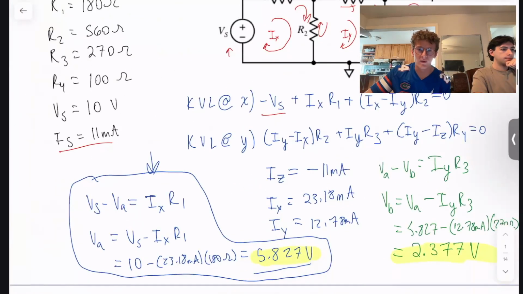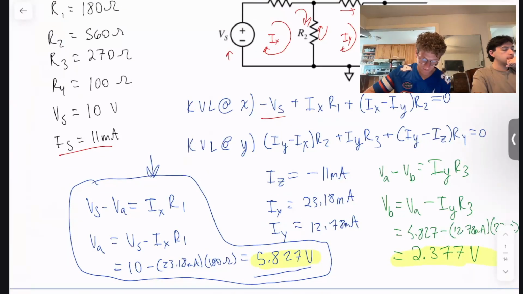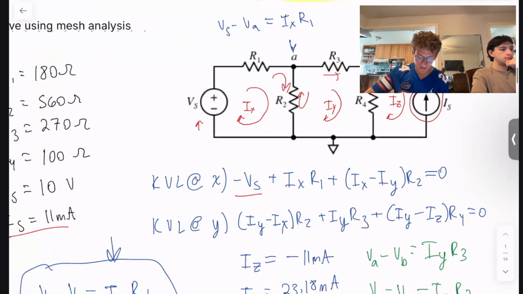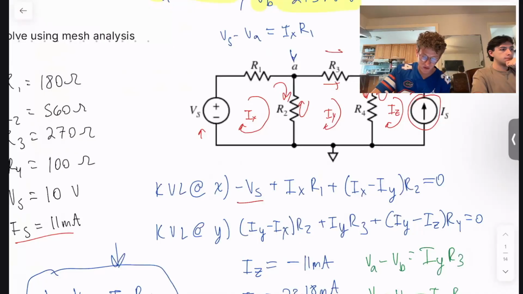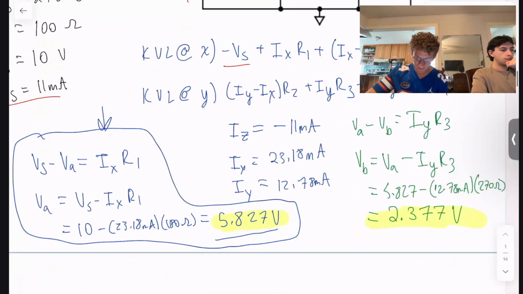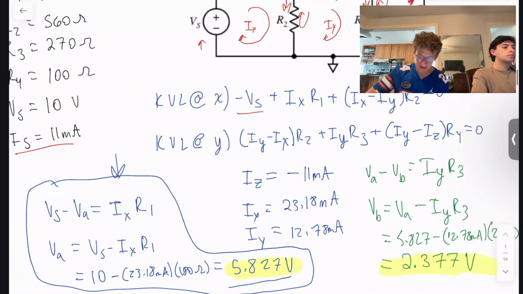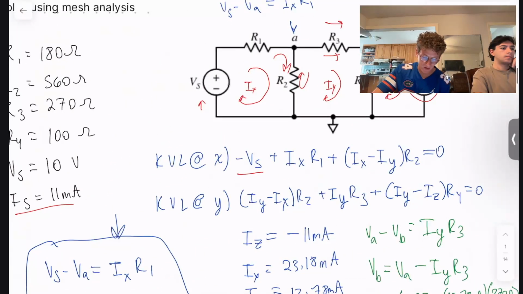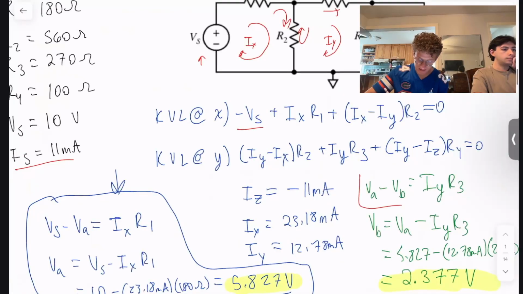And then we want to move on to VB. For VB, we can do the same thing. We want to calculate the voltage drop across this resistor to get the voltage at node B. So VA minus VB is equal to this current IY through R3. That gives us this equation.